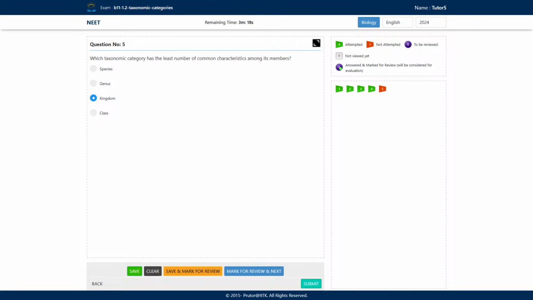The members of this category will share the maximum number of similarities. So this you will remember: the lowest most taxon is species. Then higher to species is genus. Then higher to genus is family. Then higher to family is order. So you can remember it like this.